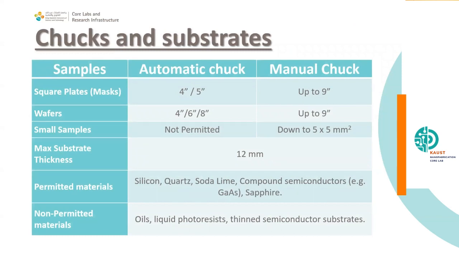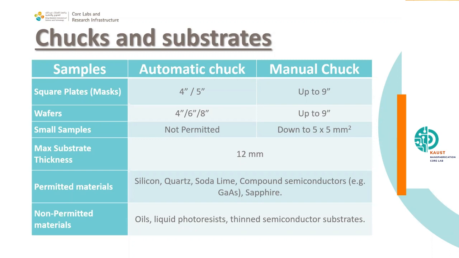As I mentioned before, the automatic loading chuck can accept only plates and wafers. It cannot accept small samples, but the manual chuck can accept up to like that. The sample can go down to 5 by 5 millimeters squared.